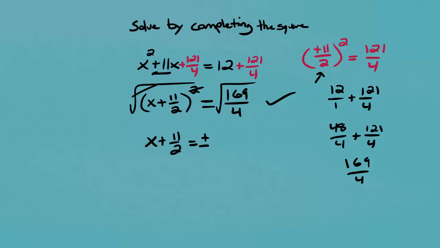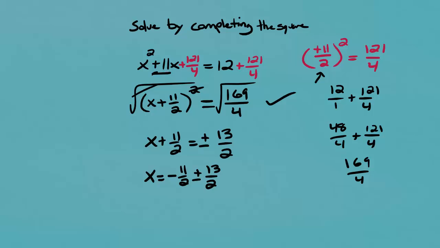The square root of 169 fourths is 13 halves, and it's 13 halves because you apply the square root to the numerator and denominator separately. And finally, we could solve this to get x. We'd subtract 11 halves from both sides to get negative 11 halves, plus or minus 13 halves.